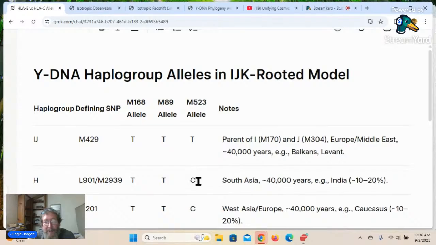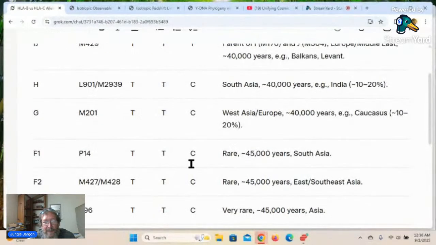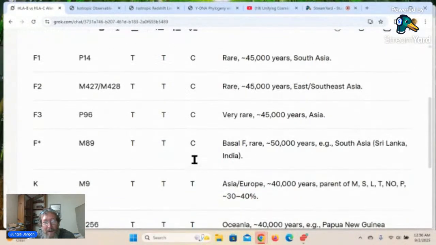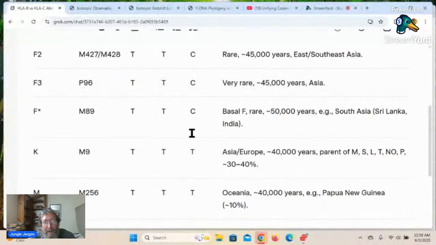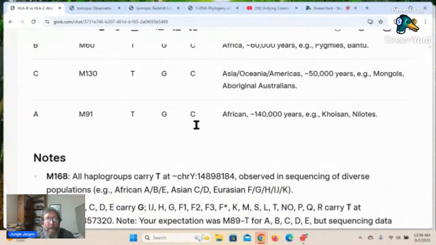It became a SNP in H. So H doesn't have it, G doesn't have it, F doesn't have it, F1 to 3, F undefined doesn't have it, and neither do any of the Hamitic population have it.